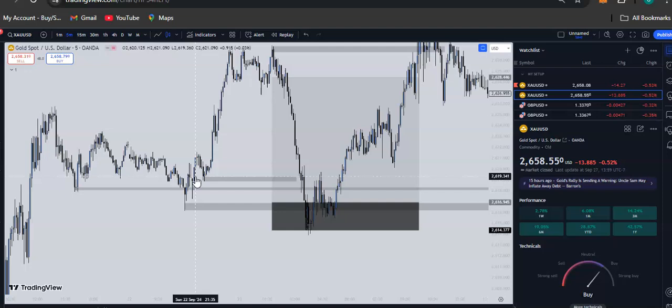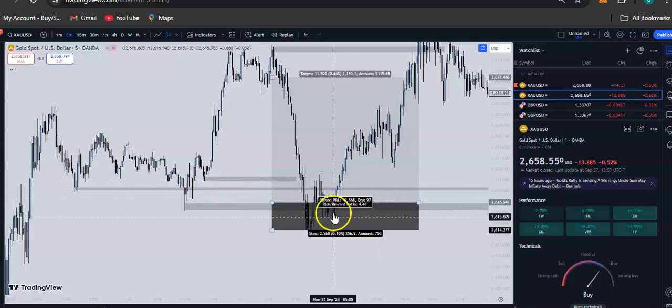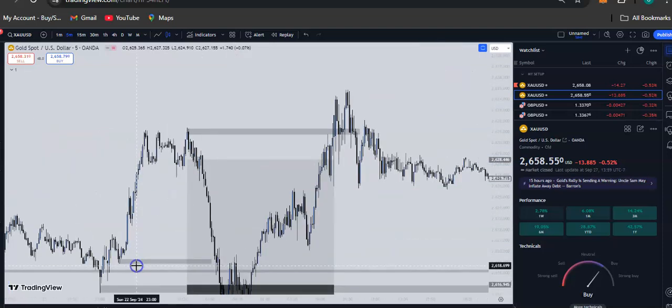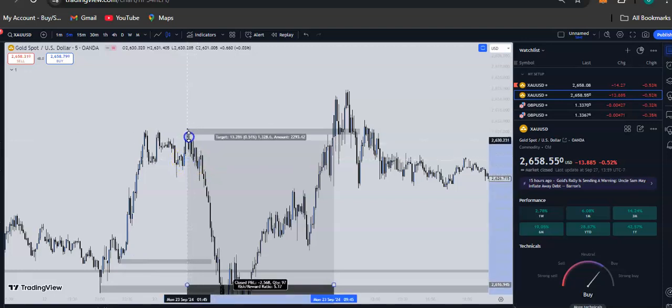I'll come back to why it was violated and what would have happened in real time price action. So having this, we take our entry from this particular point, and our take profit should be this particular high.